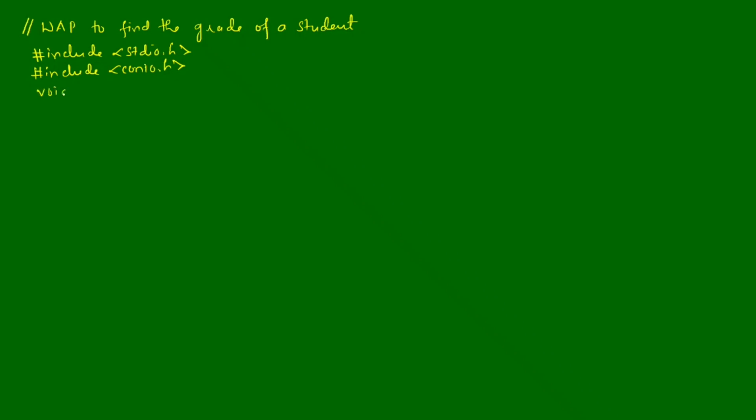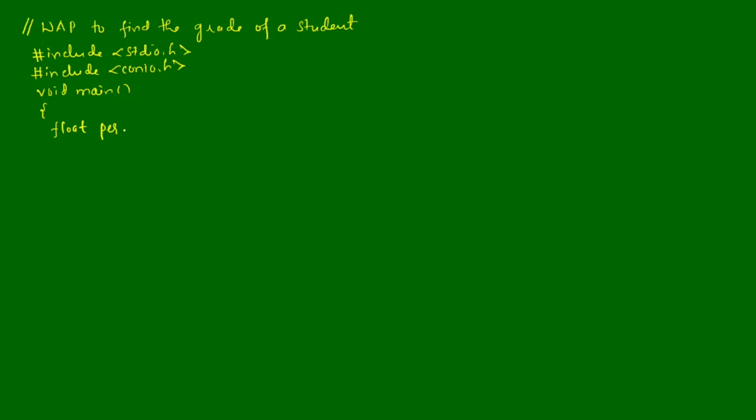Now I'm going to write the void main function, curly open brace, and here in the declaration section we are going to declare all the necessary variables. Now I'm going to write float type of data because I want to see the percentage.